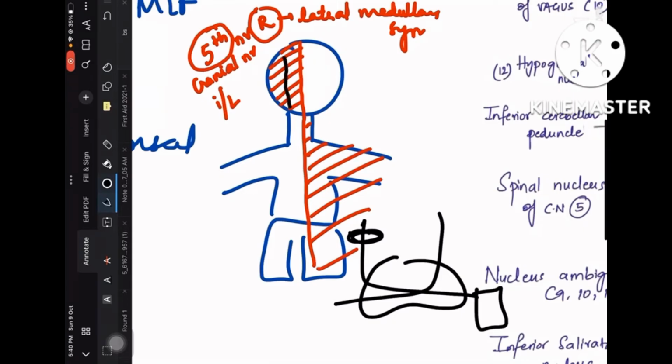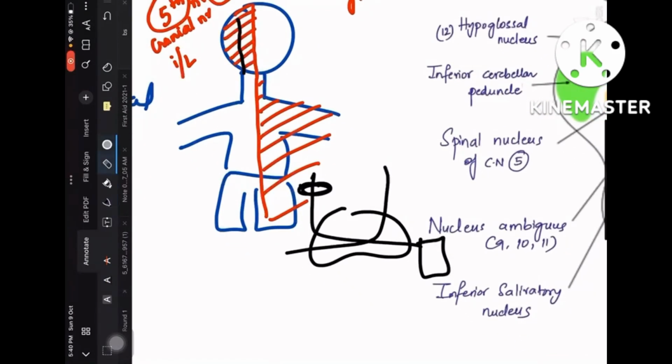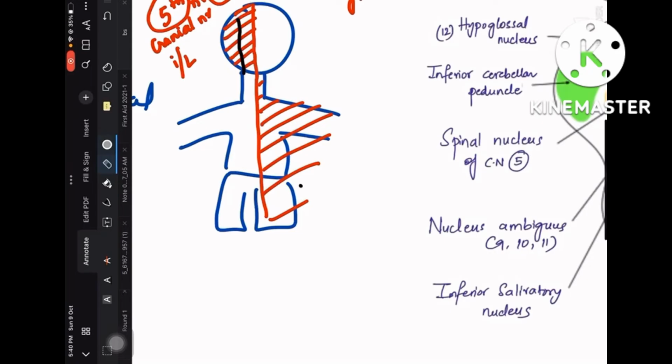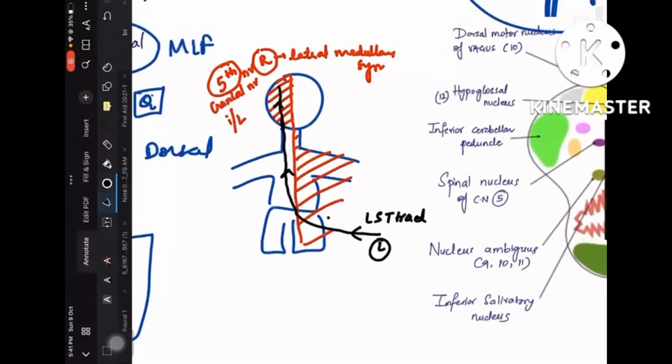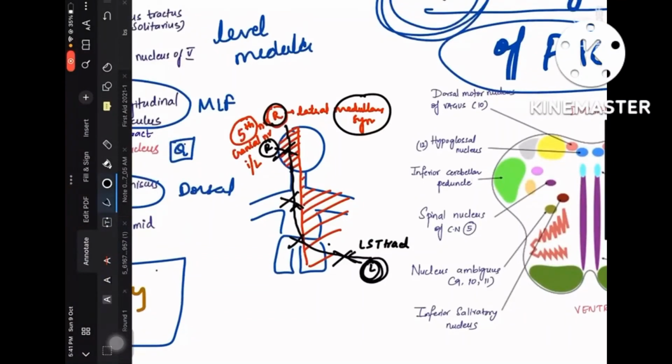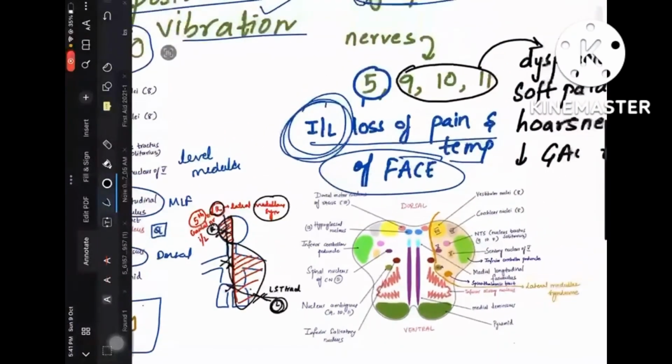Look here, this is the lateral spinothalamic tract going above from the left side to the right side. The lesion is on the right side of the medulla, so this tract is gone. That means the signals from the left side of the body are gone. So this is the important point: ipsilateral side of the face and contralateral side of the body, pain and temperature senses are lost.